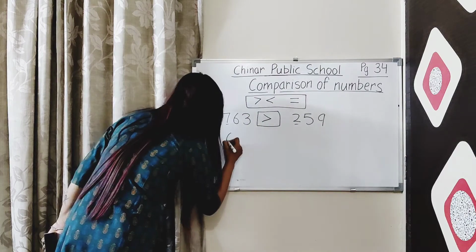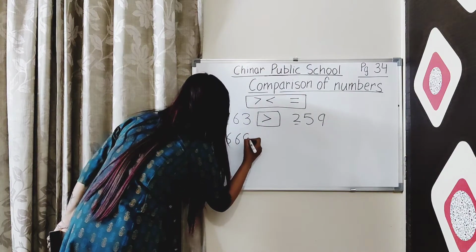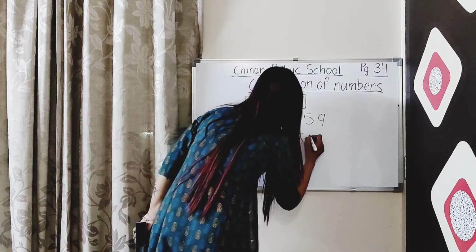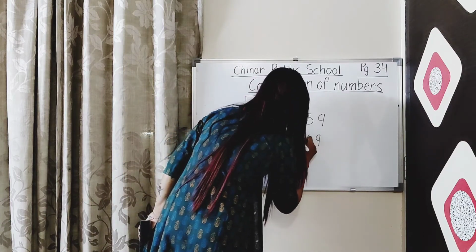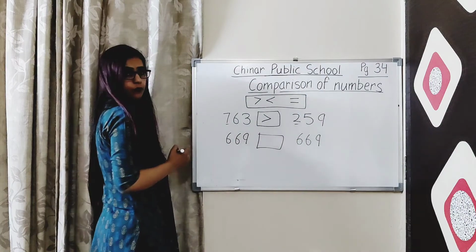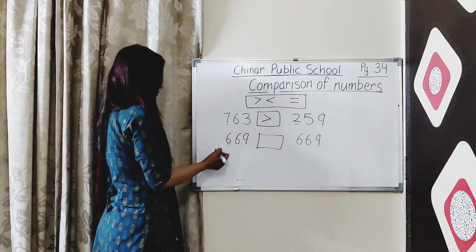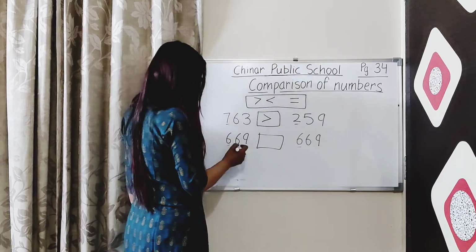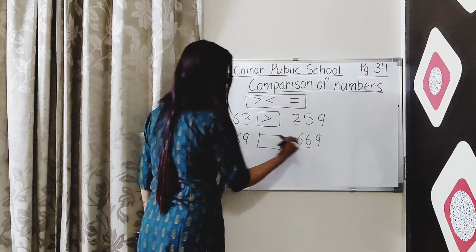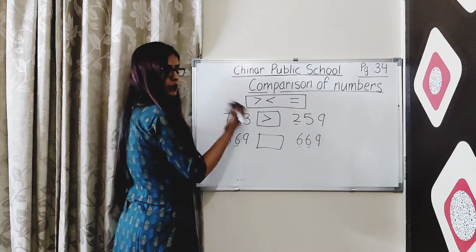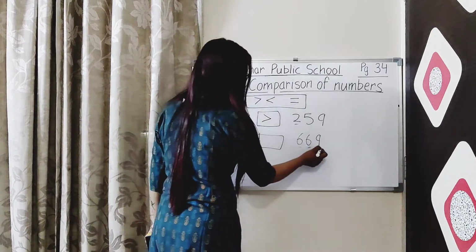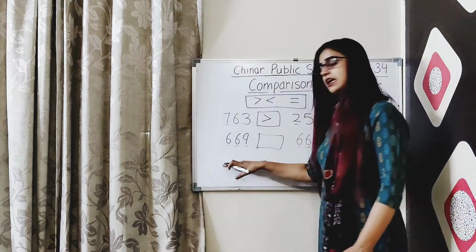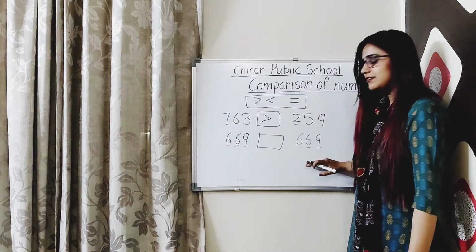And what if the numbers are in this format? The first digit here is 6, again 6. Now jump to the next one, 6, again 6. Then jump to the next one, 9, 9. So both numbers are the same in all places.